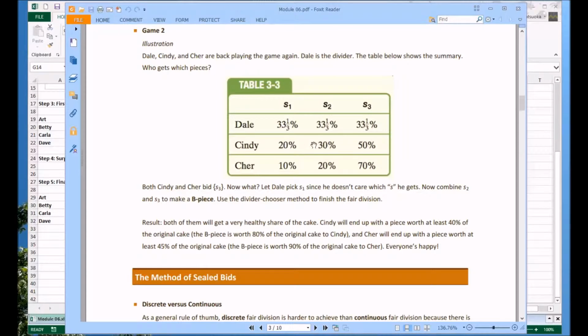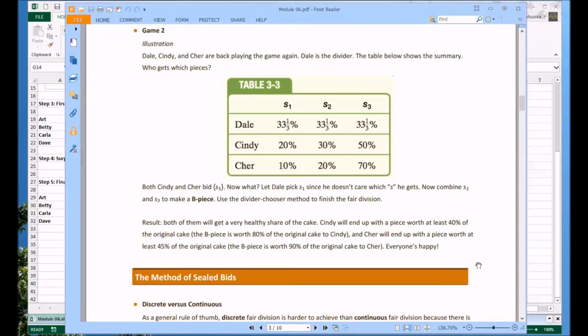For Cindy, it's 30% plus 50%, divided by 2, which is 40%. For Cher, it's 20% plus 70%, so that's 90% divided by 2, which is 45%. So Cindy gets at least 40% of the share and Cher gets 45%. So everybody will be happy.